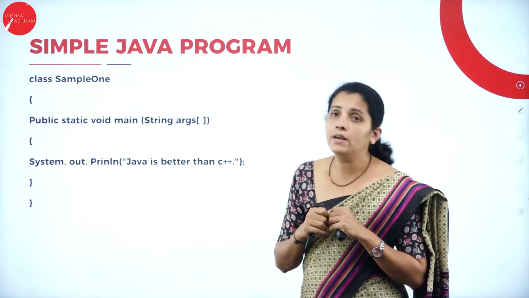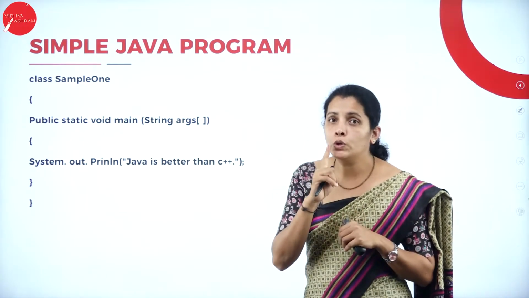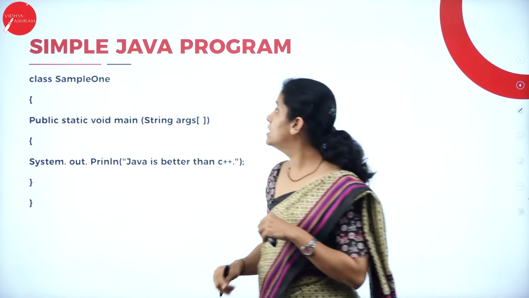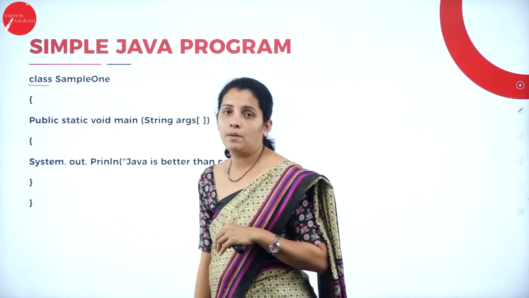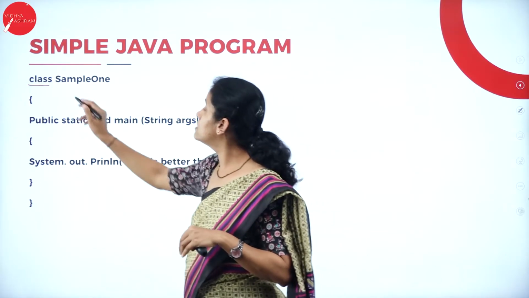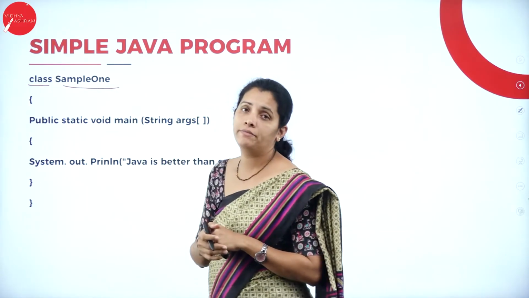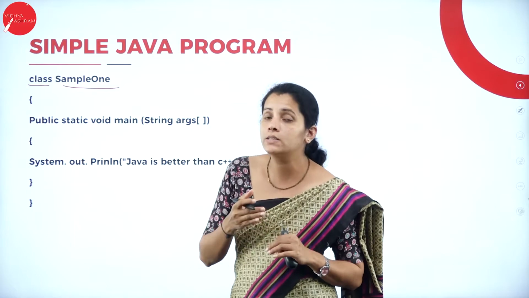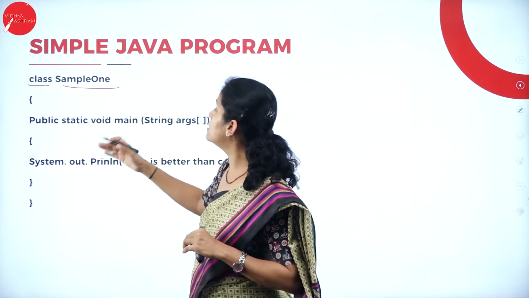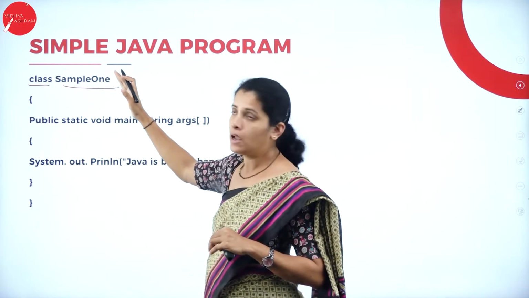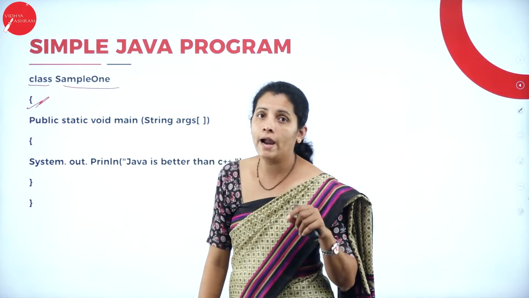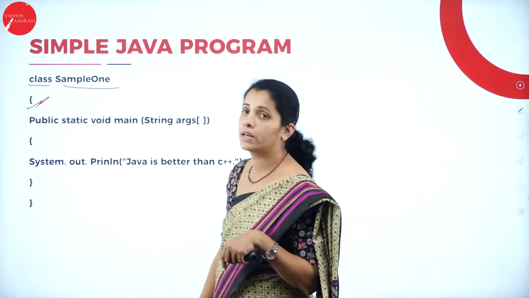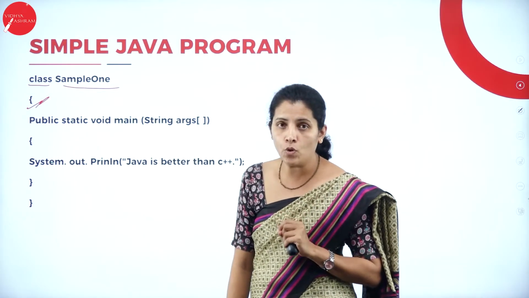So at the beginning, I want to use the keyword class. This is the keyword, and this is the user defined class name. So what is my class name? That is sample1, and I'm going to have the opening curly brace, and inside that I'm going to create my main program.